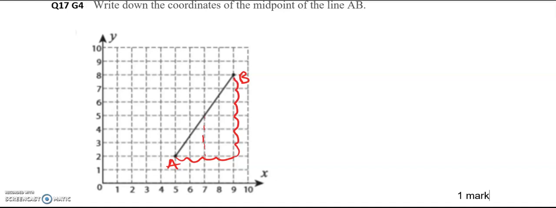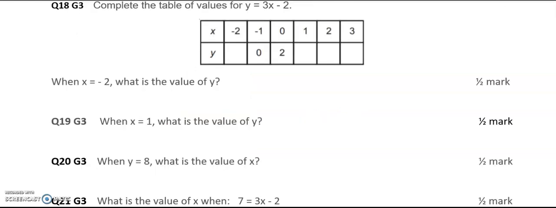So halfway through is just 3, because 3 is half of 6. So that's the midpoint. What are the coordinates? So x is 7, y is 5. 7, 5.